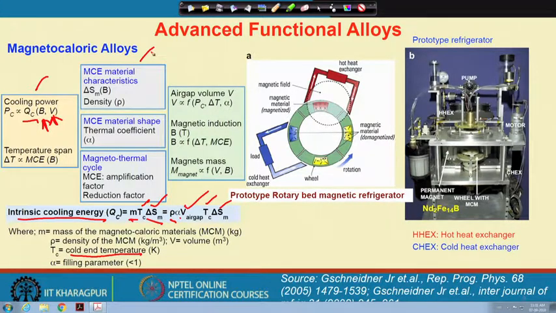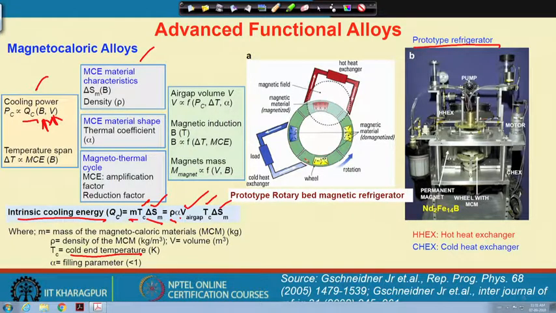Already prototype refrigerators have been developed in various places of the world, and I am showing you here typical prototype refrigerators that are so far published in different journals. For such a prototype refrigerator, what do we need?